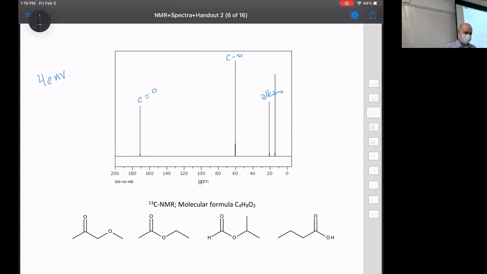So hold on for 1 second. There is a crucial tiny piece of information that my guess is you missed if you're taking notes in the video, which is that this carbon attached to an oxygen is an sp3 carbon attached to an oxygen, which means that it's a carbon making a bunch of single bonds and isn't also involved in a double bond.